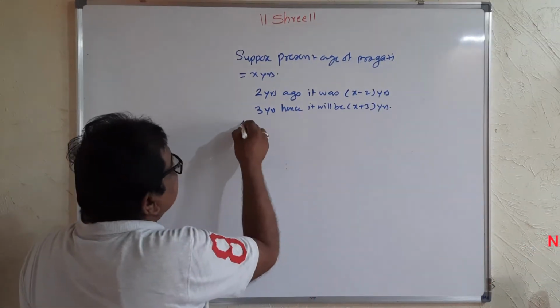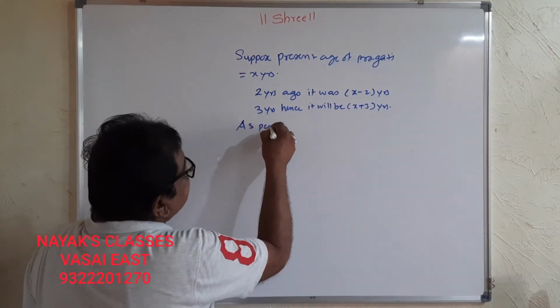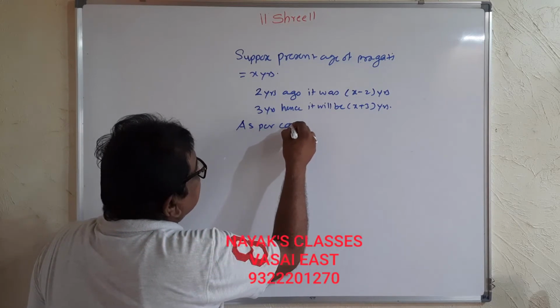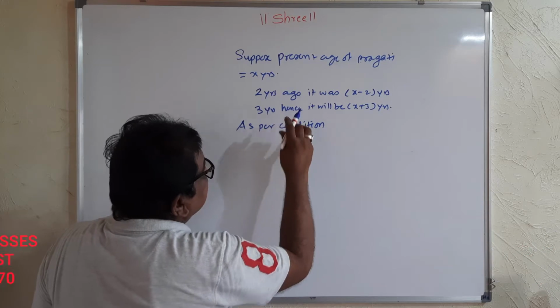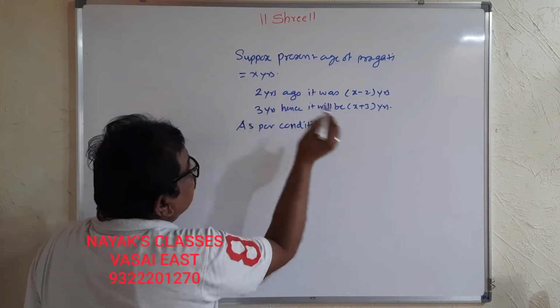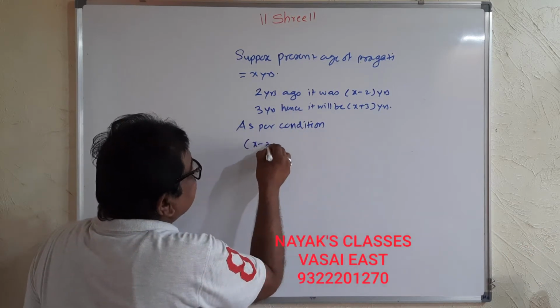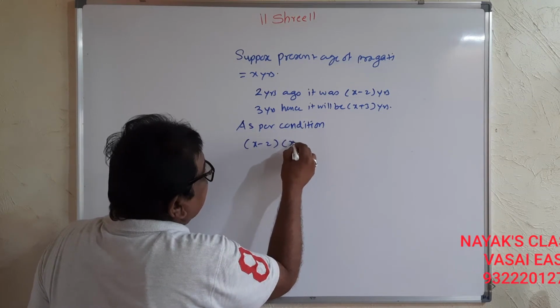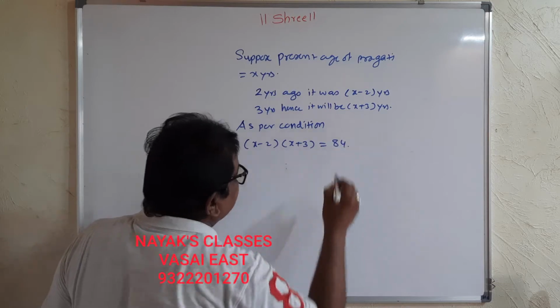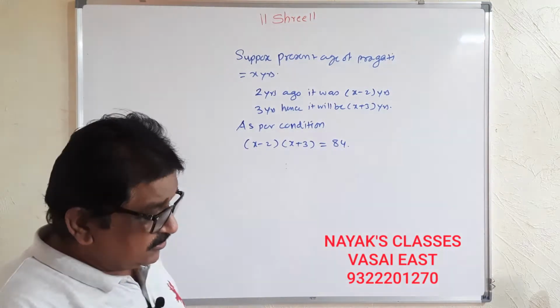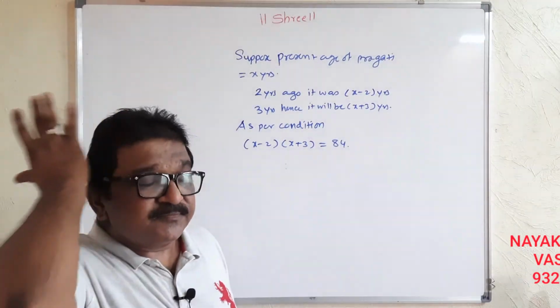Now as per condition, the product of these two, so x minus 2 and x plus 3 is equal to 84. These conditions they have given us.